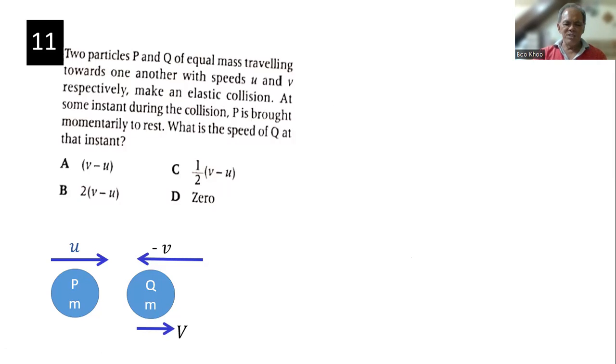Either picture it in your head or draw on the exam paper, just a rough sketch so they can see. What is written? u and v moving together, so that is a velocity vector minus v. And then after the collision, there's your v. P is 0, P is brought momentarily to rest.